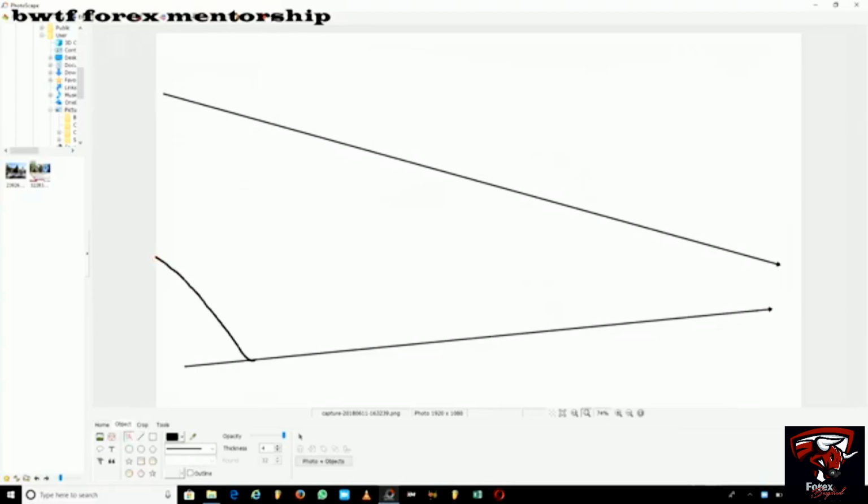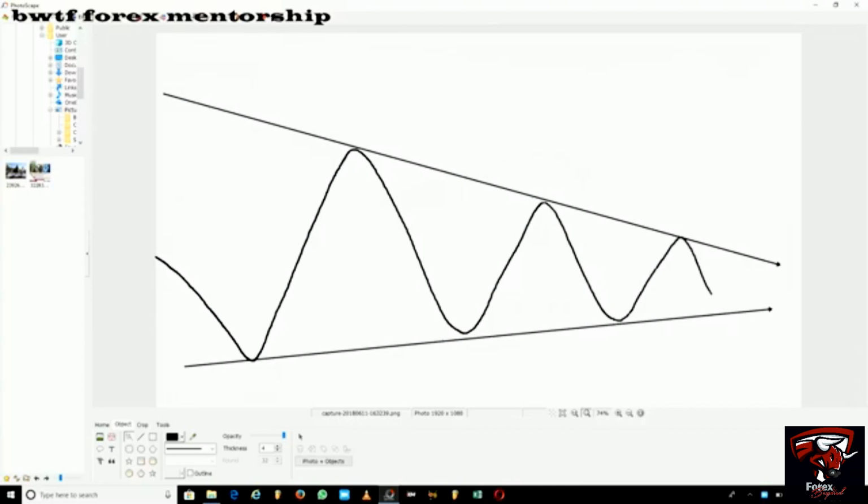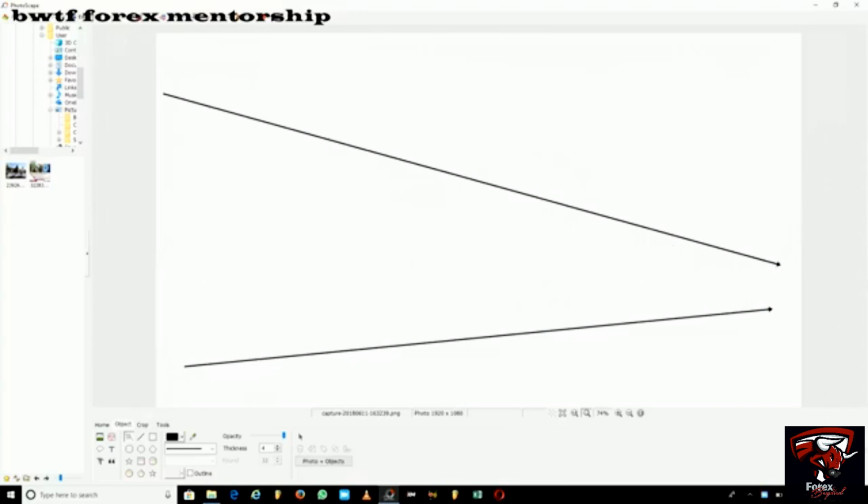What would happen is we would find support, resistance, support, resistance, support, resistance, support, until somehow it stops. And just the same way with the roof. If there's a hole here, it will break through the hole, bounce on the ceiling, and then keep going higher and bounce higher. So that's how the market moves too when it comes to price action.